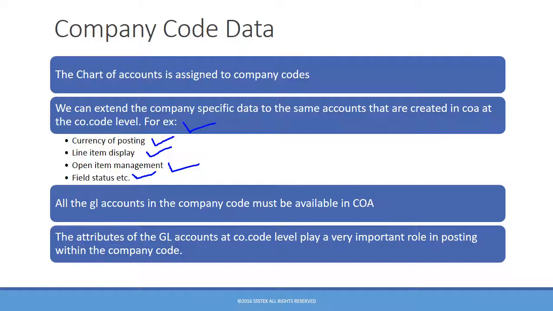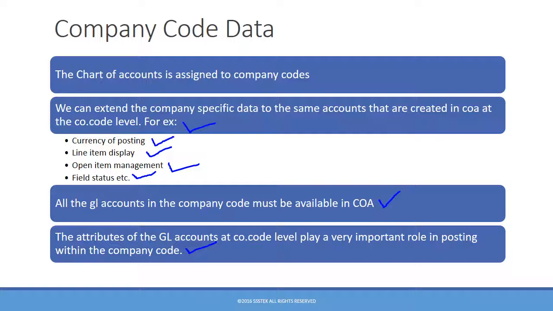This can differ from company to company, and at company code level these particular details are configured. All the GL accounts in a company code must therefore be available in the operating COA that it is assigned to. The attributes of GL accounts at company code level play a very important role in posting within the company code.